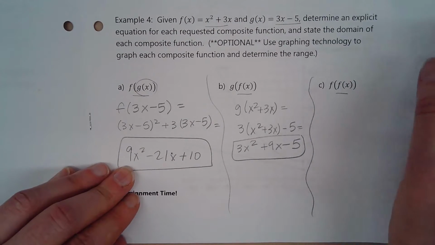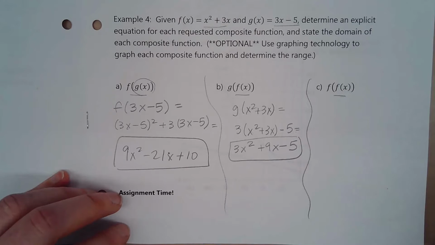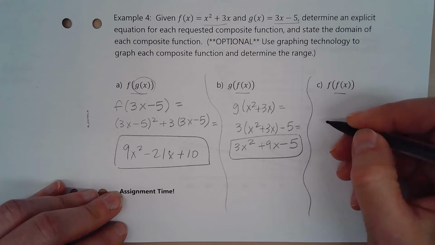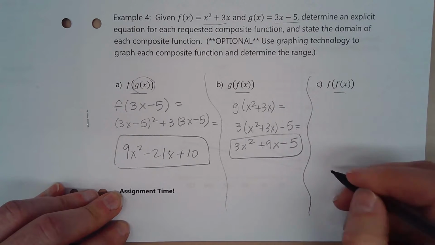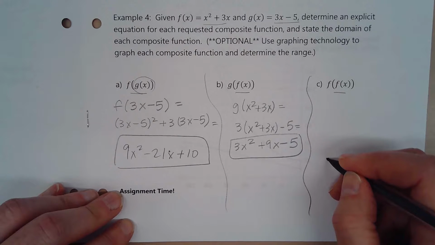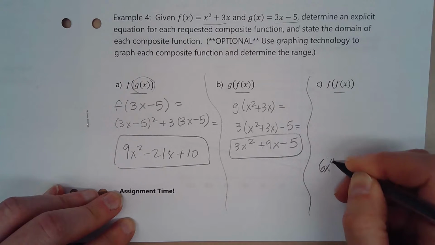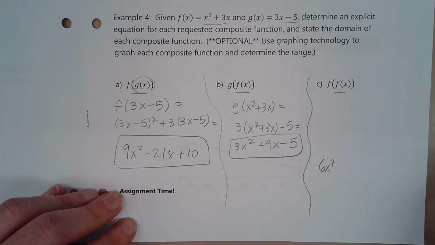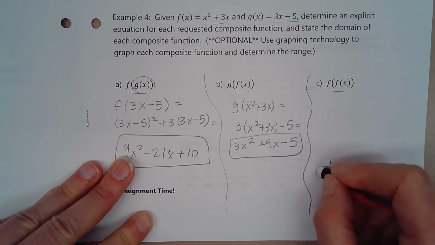Did you do it, Eileen? What'd you get? No? Joanna, did you do it? What'd you get? x to the power of 4?